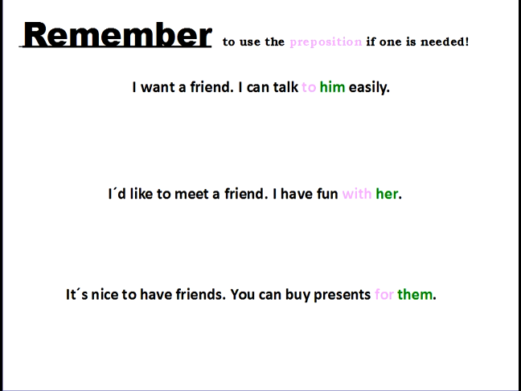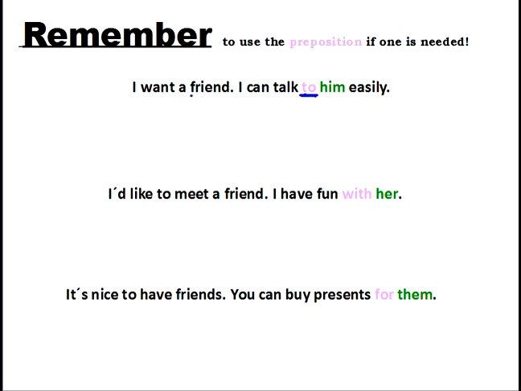Here's something to remember. Okay, remember to use the preposition if one is needed. Okay? We don't always use prepositions, but when there is a preposition, I need to use it. So in this context, let's read this sentence. I want a friend. I can talk to him easily. Okay? Now, here's my preposition that I need to think about.